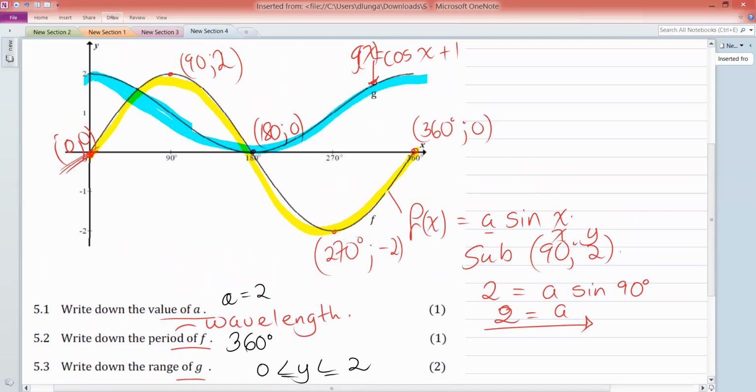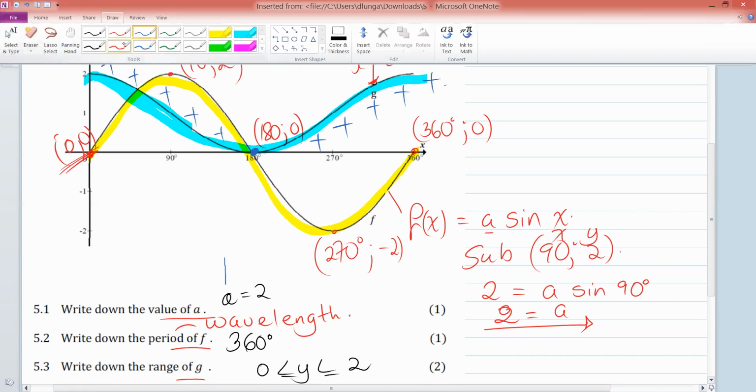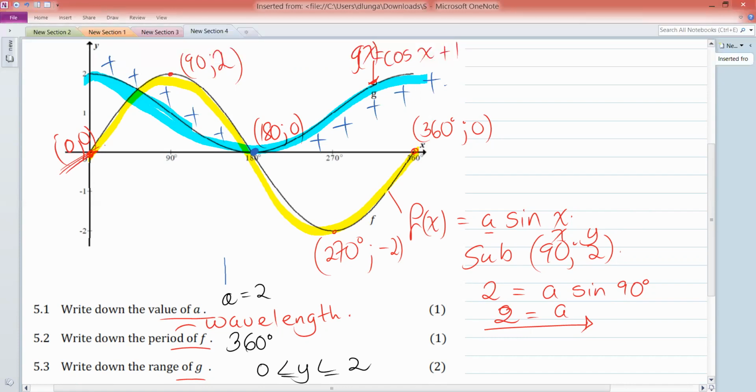Let's look at the y values of each of these graphs. For the one in blue, all the y values are positive, except when it's at 180, because that is now 0. But along the rest of the graph, they're all positive. Then for the yellow graph, they're positive up until they get to 180.